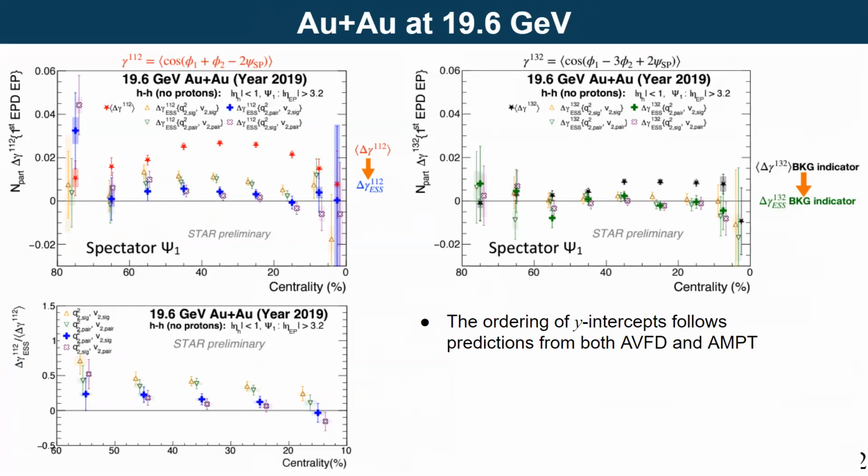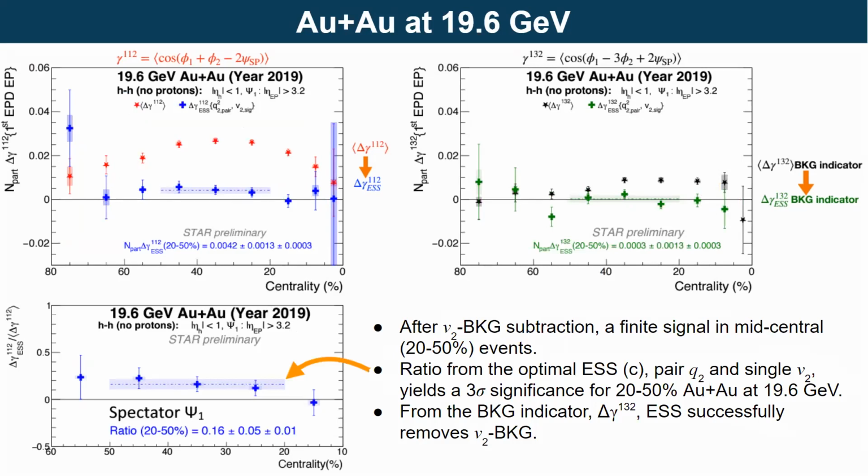Then we can look at different centralities with the 4 different methods. The upper panel is the delta gamma times N part. The lower panel is the ratio of the new result over the ensemble average. But let's just focus on the optimal method.